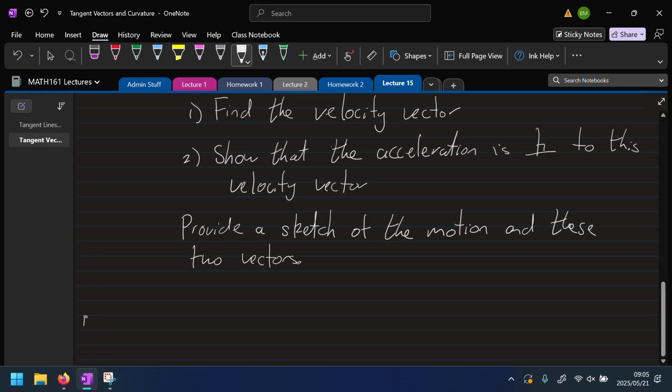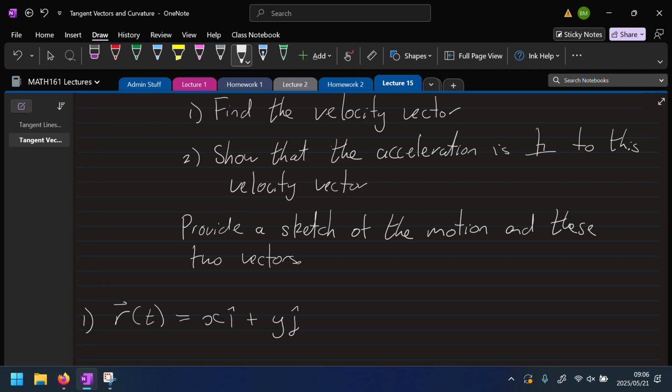Okay, so let's do number 1. To find the velocity vector, first we need the position vector, and then we're going to do the time derivative. So the position vector r of t, I'm going to use the i and j unit vector notation, but you can use whatever you want. Going around a circle, it's going to have some x and some y, right? Because it's in 2D.